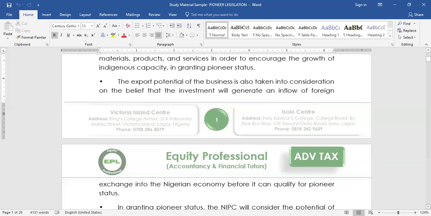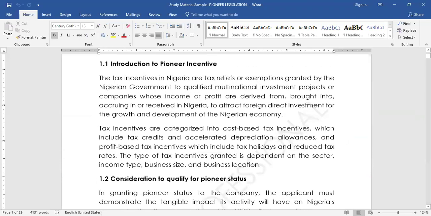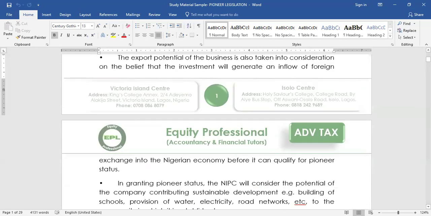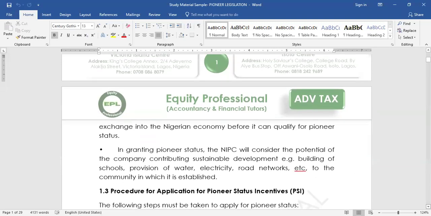Another condition of consideration, another factor to qualify a company for a pioneer status, is sustainable development. That company will contribute to the sustainable development of Nigeria's environment.